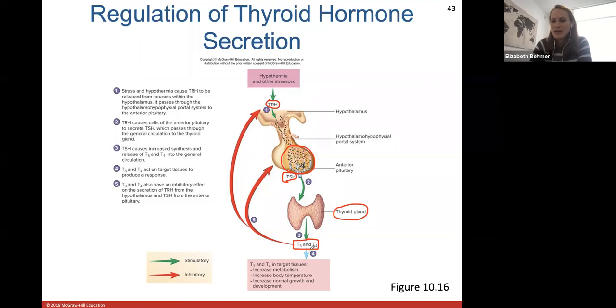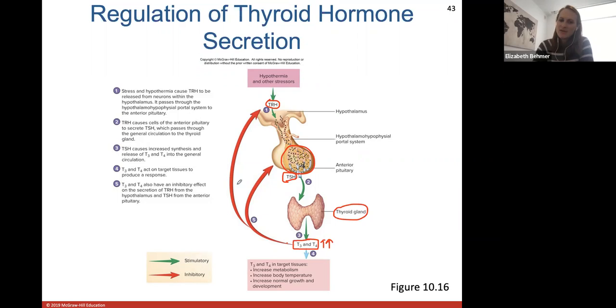T3 and T4, these thyroid hormones, will go on to increase metabolism, increase body temperature, and help to regulate normal growth and development of all of your body's cells and systems. What this red arrow in number 5 is showing is the negative feedback mechanism, where we have adequate levels of T3 and T4 in your bloodstream. I'm going to put my up arrow showing we have adequate levels of our thyroid hormones.